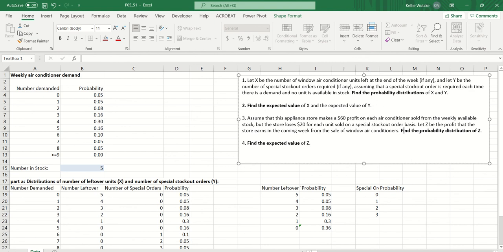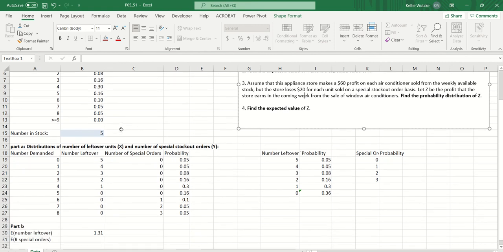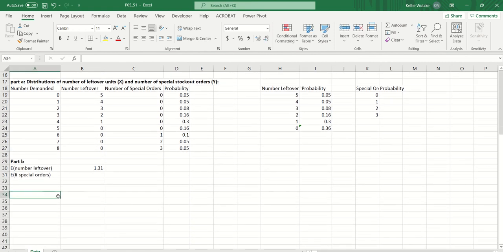So first thing we're going to do is find the probability distribution of Z. So if we think about what we did in this part, we need to know the number of leftover units, because they make a profit there, the number of special orders, and then we are going to need to calculate the profit for each scenario, and then pull down our probabilities. So let's set this up for the next part.